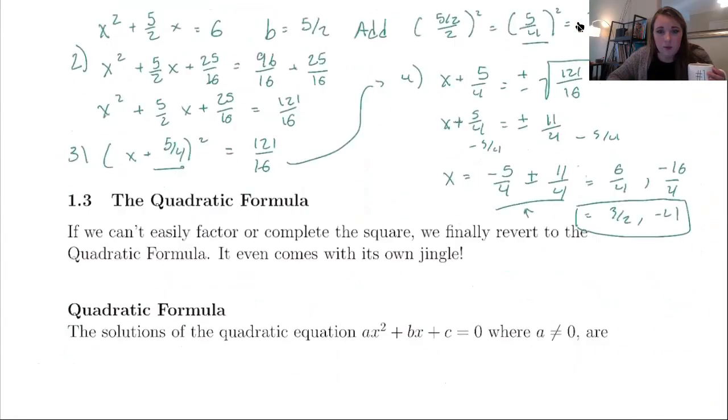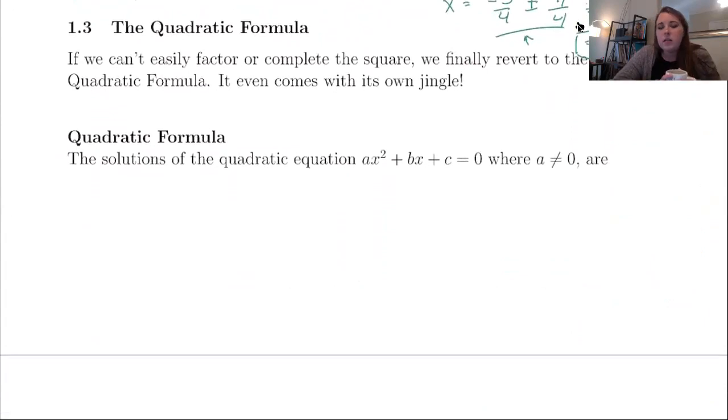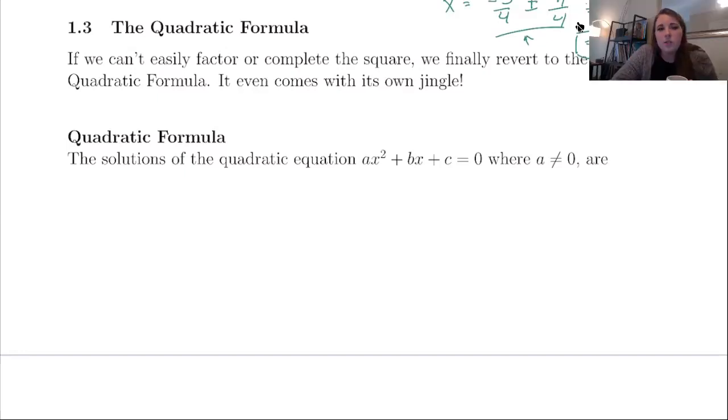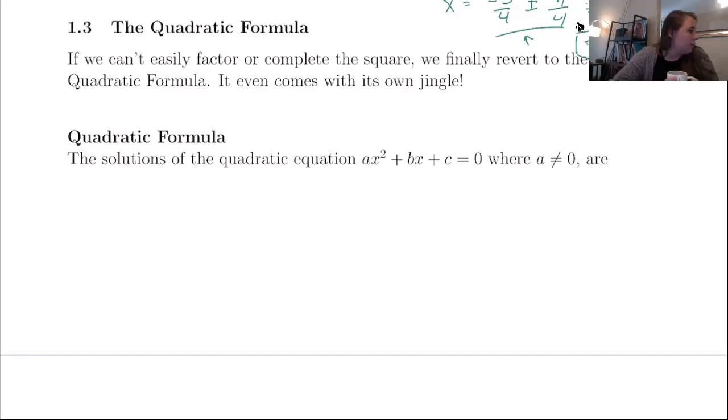So if I can easily factor a quadratic, then probably solving via factoring is going to be the best. If I want to, I can solve by completing the square. But sometimes the fractions might get gross, like that one problem where it was a little too messy.